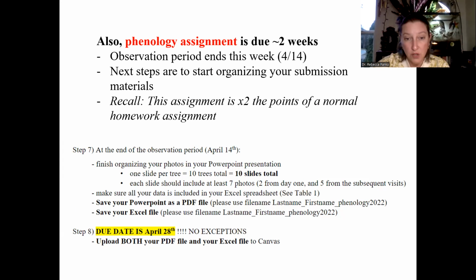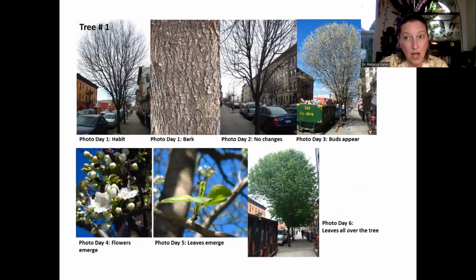Again, just to give you an idea of what your slides might look like, here could be an example of one of your slides. You're going to have 10 slides, 1 for each tree. Here one of your slides might look like this: a photo on day 1 with you in the photo, if you followed the instructions. If you have any questions about that, feel free to email me. But see, one slide for all of the observations of the same tree.